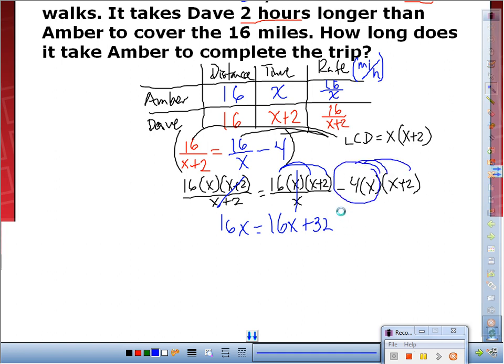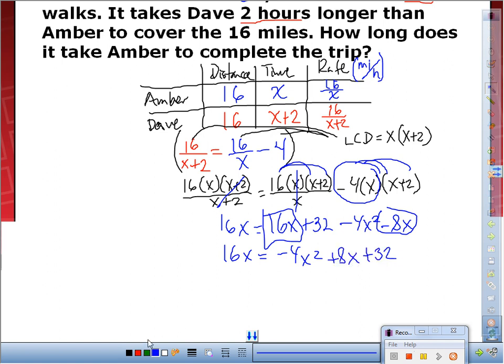That becomes 4x squared minus 8x. Can we combine stuff? Yes. We are left with 16x equals, and I'm going to write this in standard form, starting with negative 4x squared. We got 16 minus 8x, that is 8x, plus 8x plus 32. Are we done? No.